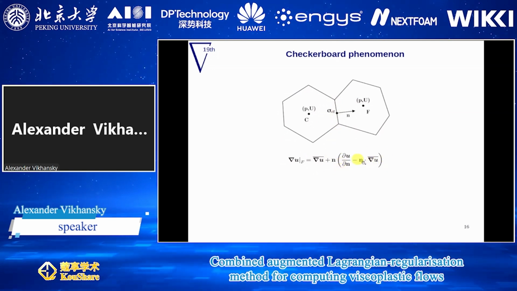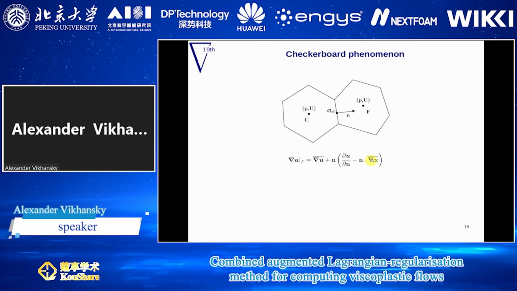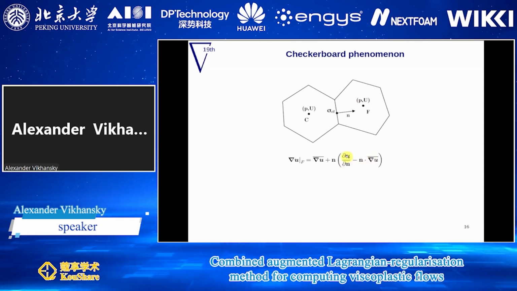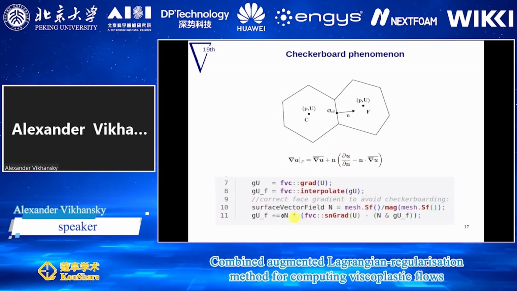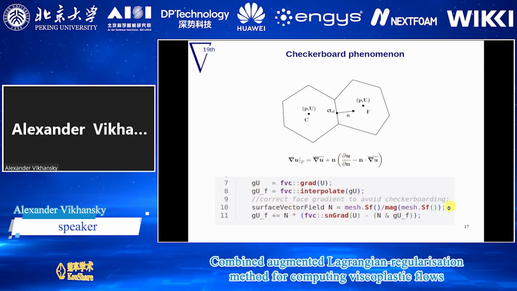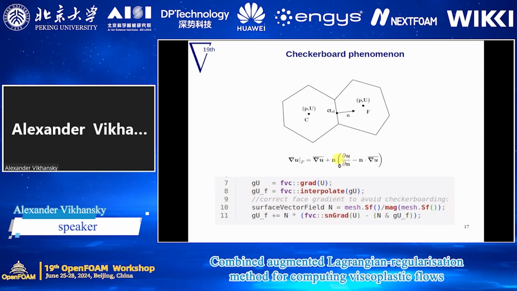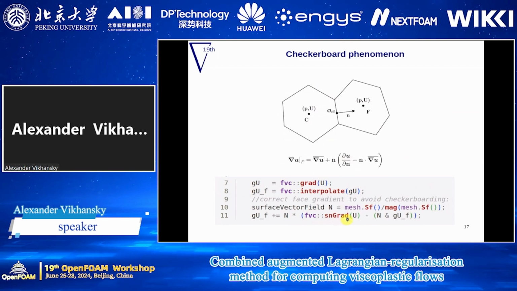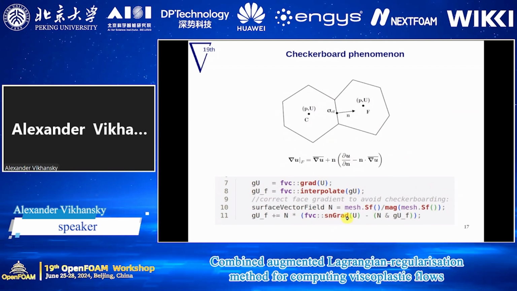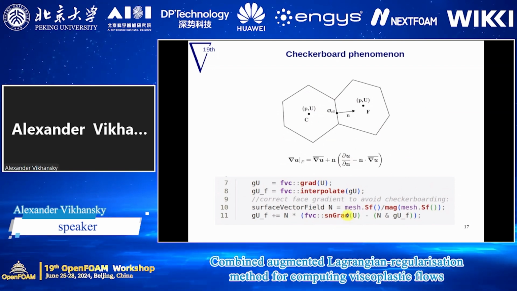So I subtract the normal component of the interpolated gradient and add this du/dn. So this is the part of my code, and this term is calculated by the snGrad function of OpenFOAM. Exactly as in pressure correction.